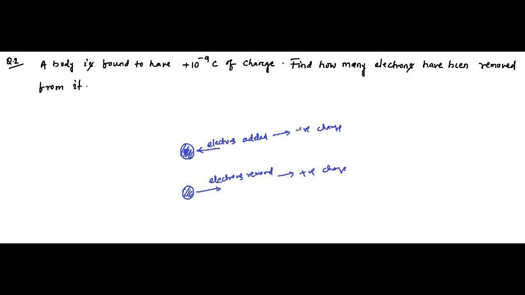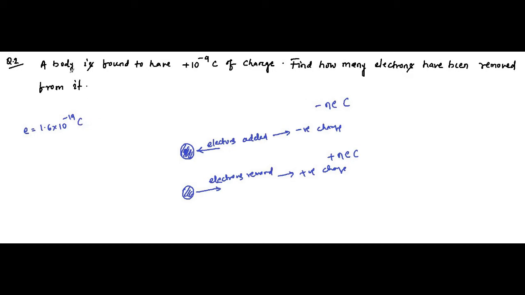So the charge is determined by the number of electrons that are added to it. Suppose n electrons are added to it, it acquires minus Ne coulomb charge. Suppose n electrons are removed from it, it acquires plus Ne coulomb charge. Okay, so here e is 1.6 into 10 to the power minus 19 coulomb, the charge on an electron.